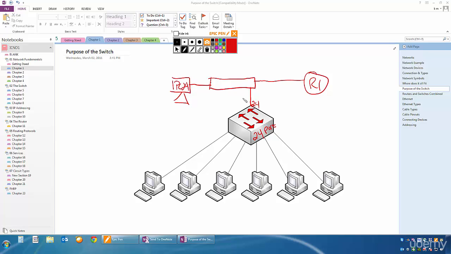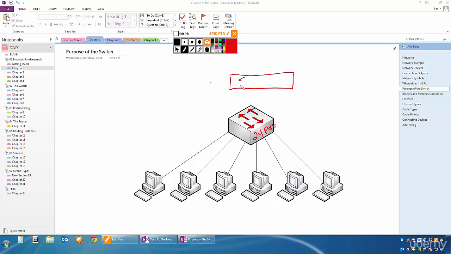That's what I will have to do. I'll have to add another switch to make this happen. And that's the nice thing about it, because we can add switches and connect them together, and we can turn our 24 port capability into 48 ports. Isn't that nice? Anytime we want more PCs, we just add another switch 2, and connect it to switch 1.